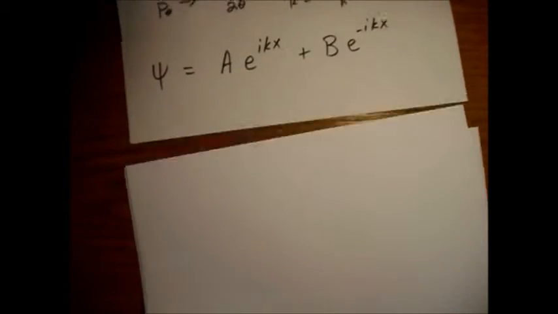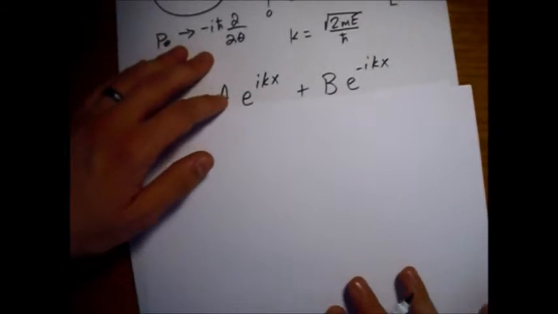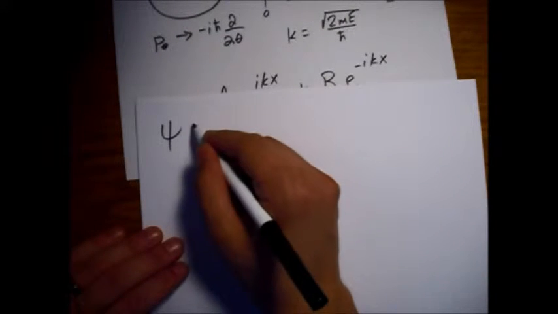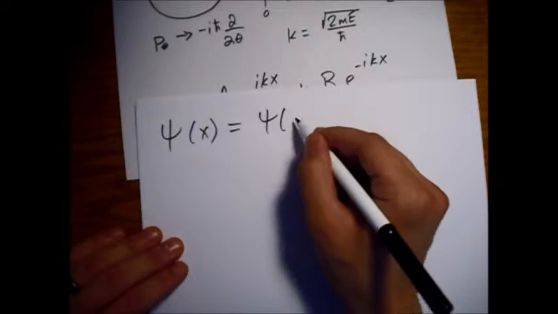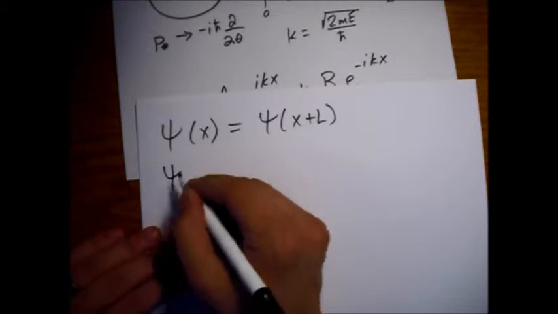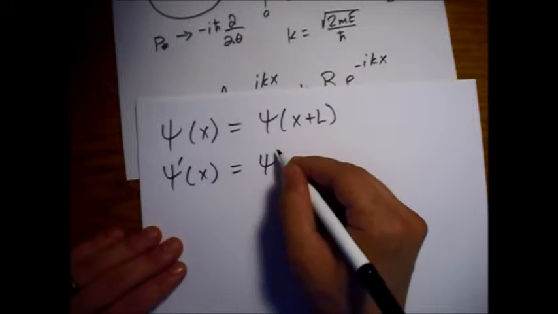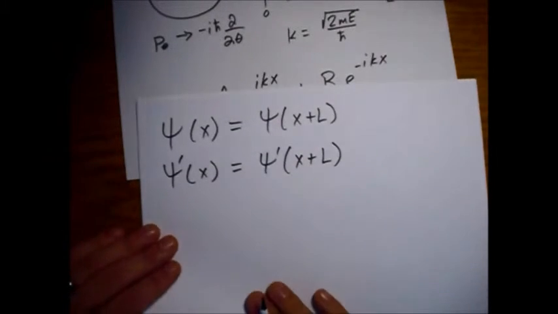Okay, so we have 2 boundary conditions that we have to meet. We know that the wave function must be continuous at the boundary, and also its derivative. Like so.